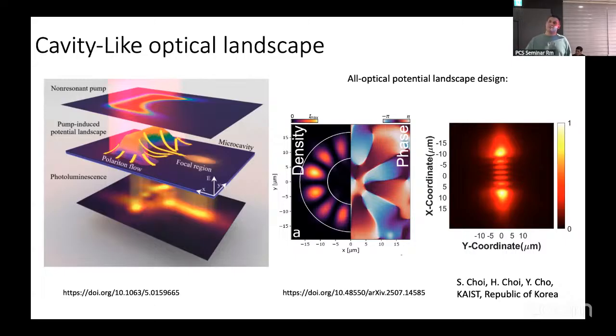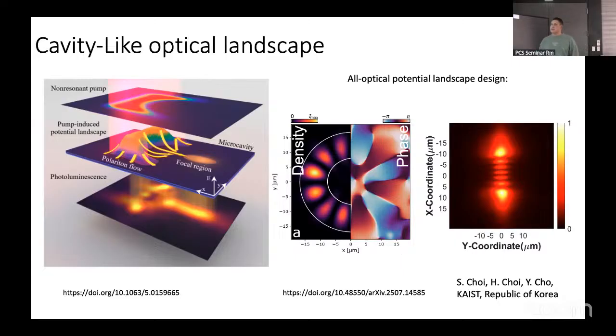In that system, it was shown that the pump-induced potential focuses polaritons in some focal region. Here you can see other examples. The first of them is extracted from an experiment: polariton condensate density and phase in a ring-shaped pumping scheme.